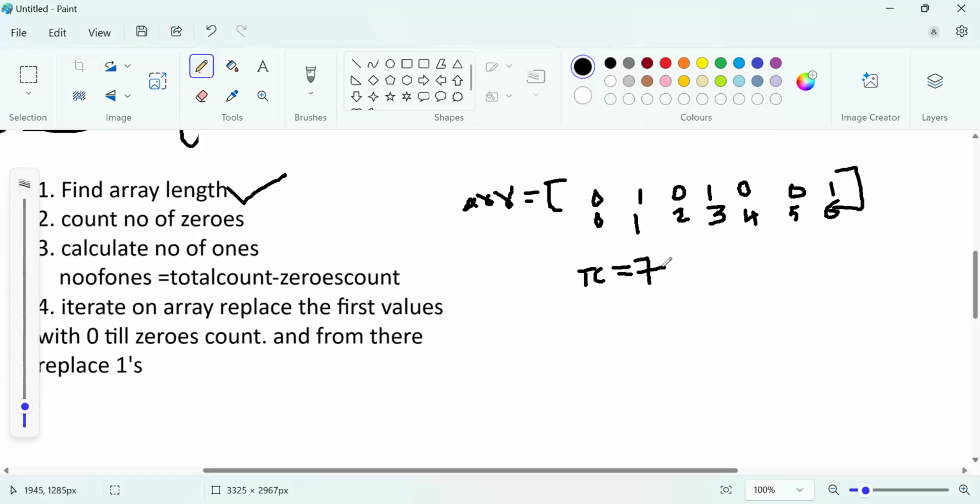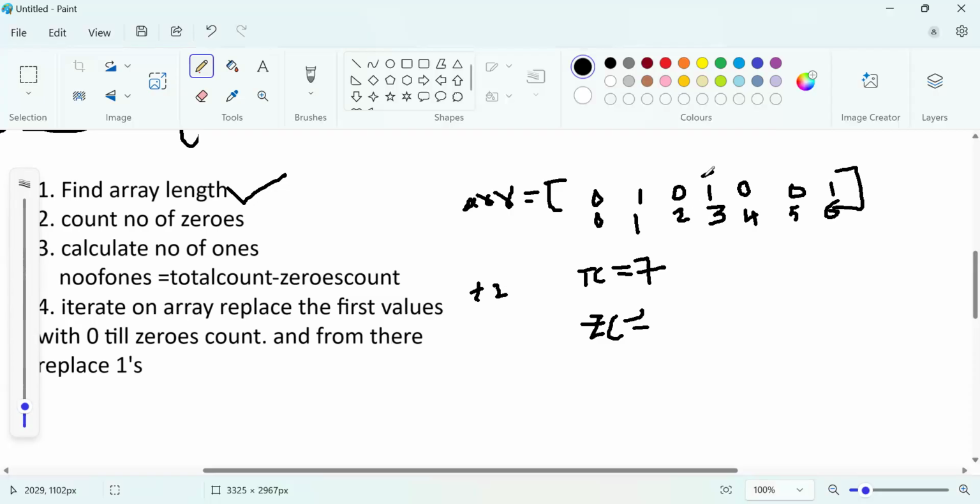Now, total count is 7. What is the zeros count? I'll iterate on the array. I go to the first element. This is 0, count becomes 1.